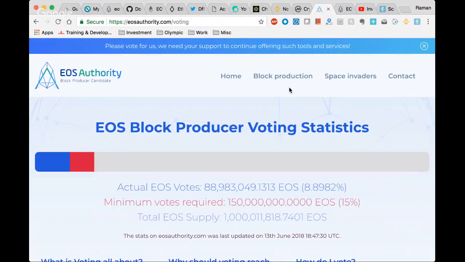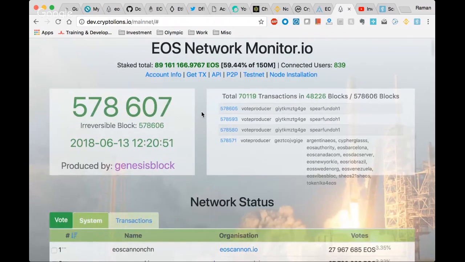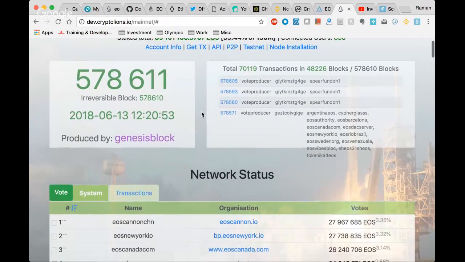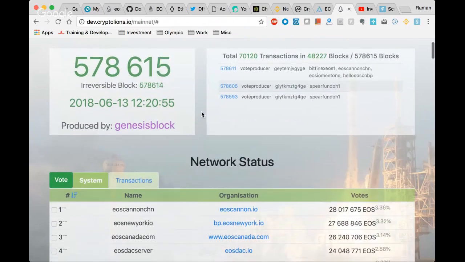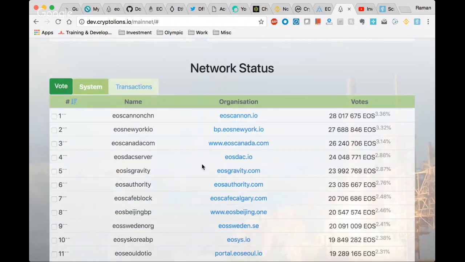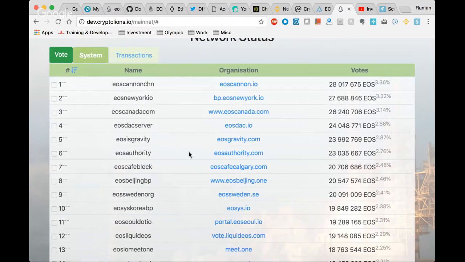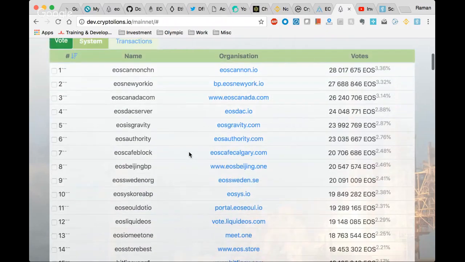Let me think about what can go wrong with EOS. A lot of people are deciding not to vote. A big block producer, somebody like Bitfinex or Binance, could start controlling it. They start putting all their block producers, and these can be changed anytime. Right now, I'm happy that some of the best block producers are on top: EOS New York, EOS Canada, Cannon, all very good producers.